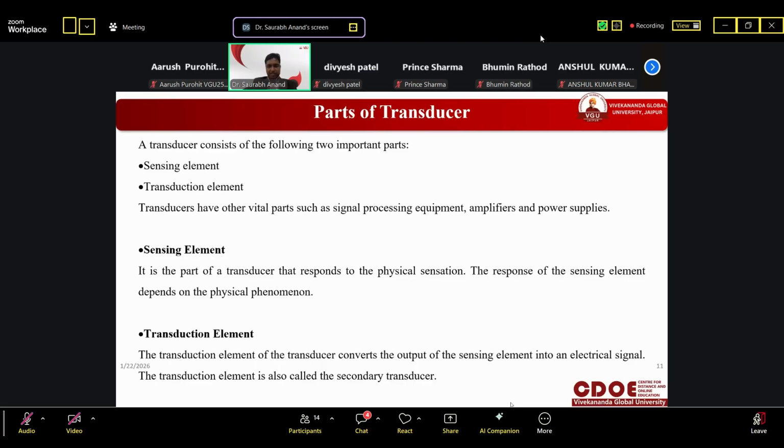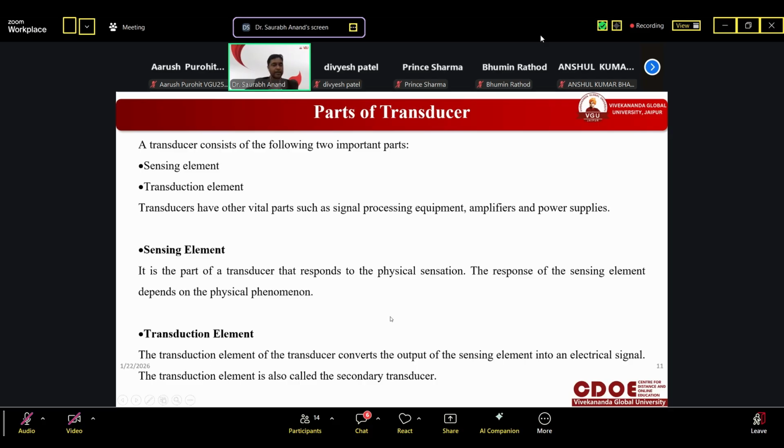So we were discussing the transducer, right? So what is a transducer? A transducer is nothing but a device used to convert one form of energy into another.